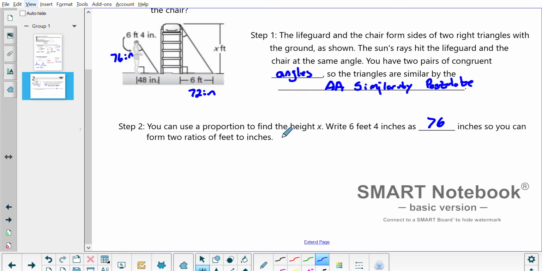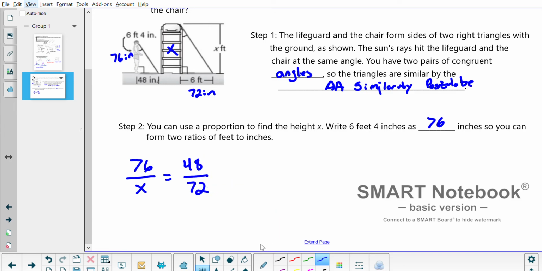We can say that the height here of, we'll just call it x, the height of the lifeguard stand is, remember here, we have to create ratios. So 76 over x is equal to 48 over 72.